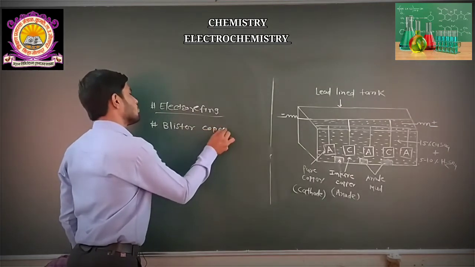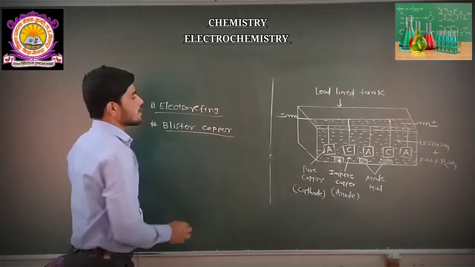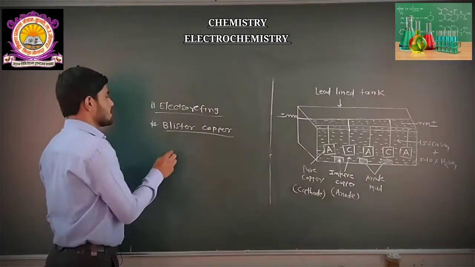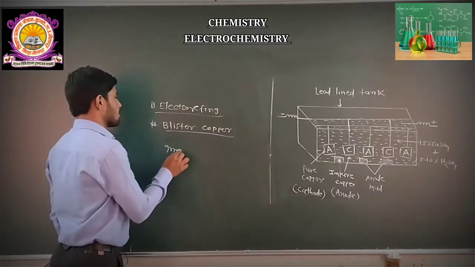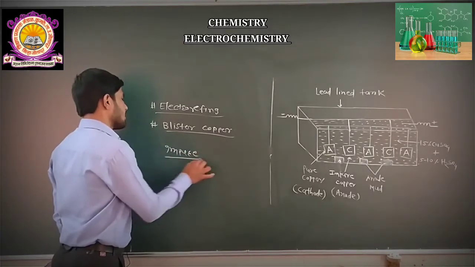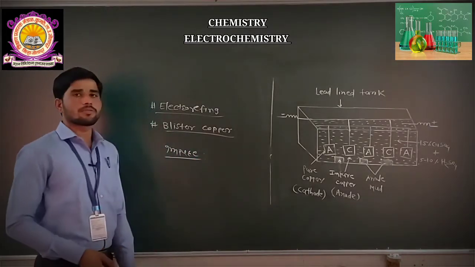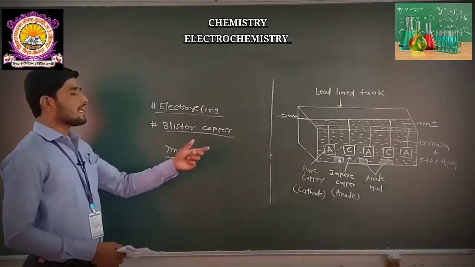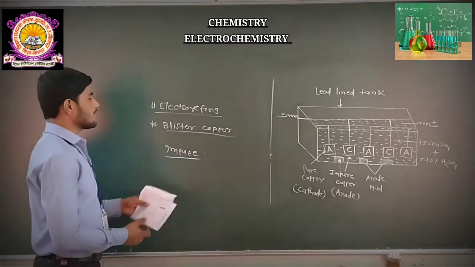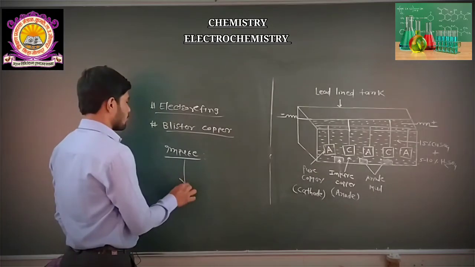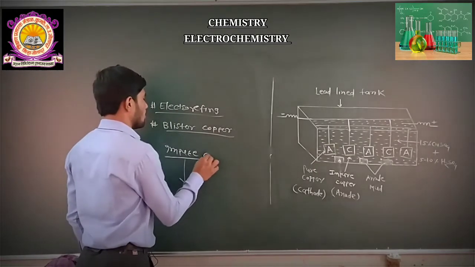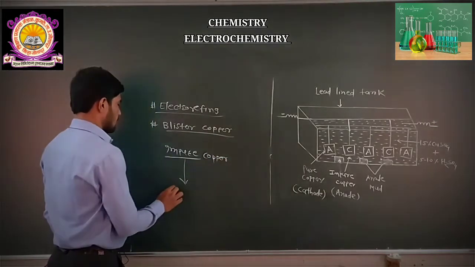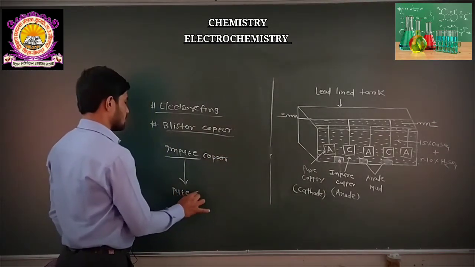Now the question arises: what is meant by blister copper? Blister means impure. In the electro-refining process, we form metal in pure form, and that pure form is obtained from an impure form of copper by the passage of electric current.